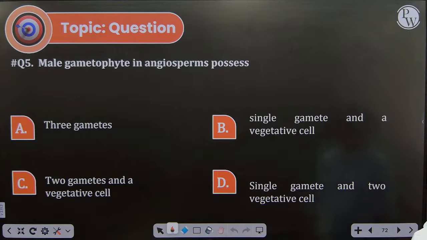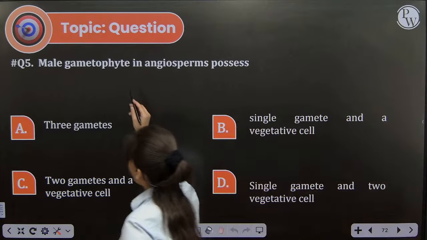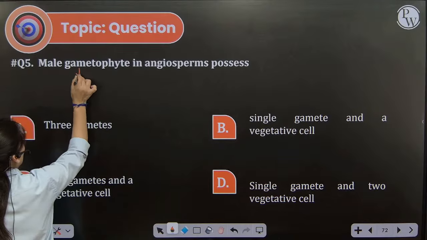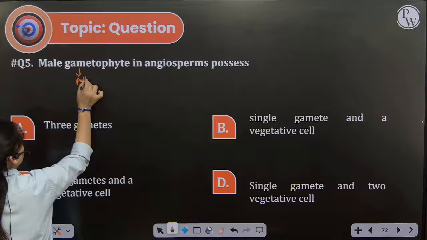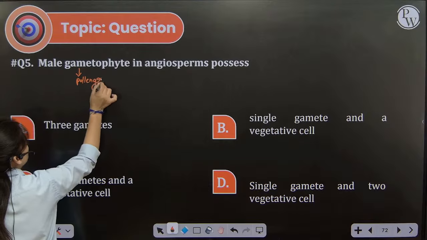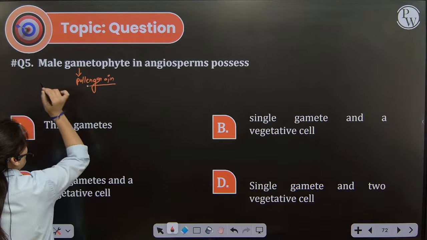Next question. Male gametophytes in angiosperms possess. We know the male gametophyte is the pollen grain. And the pollen grain has what?